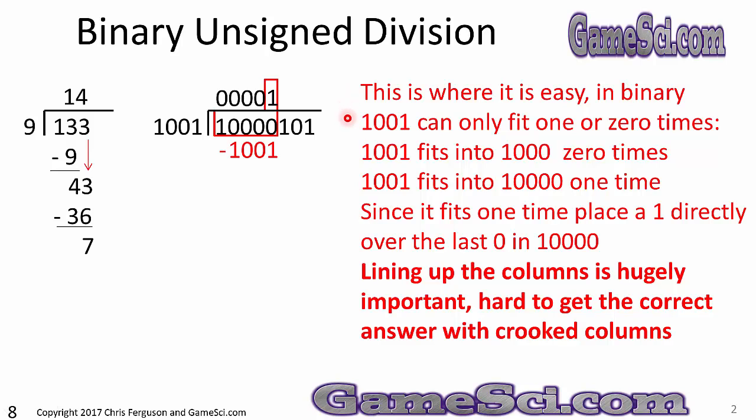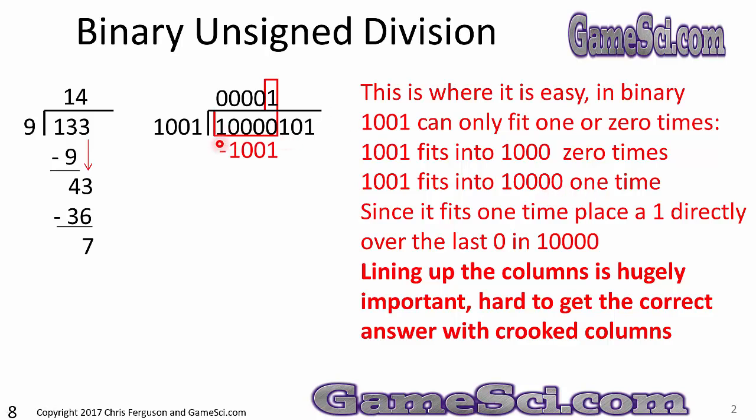In binary, 1001 can only fit 1 or 0 times. 1001 fits into 1000 0 times, so this is a 0. 1001 fits into 10000 1 time.